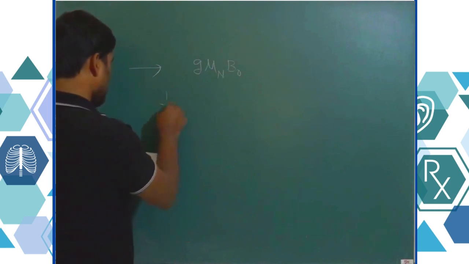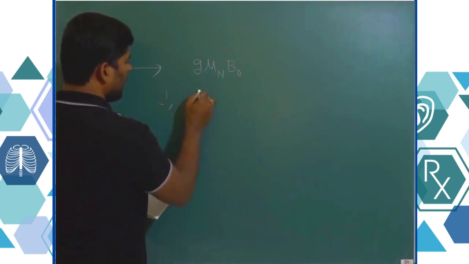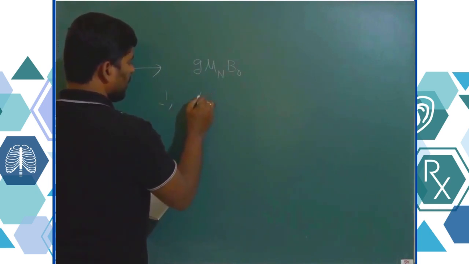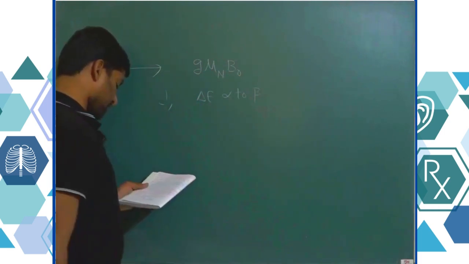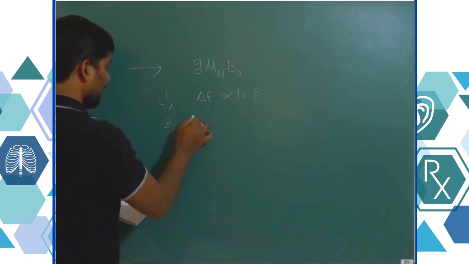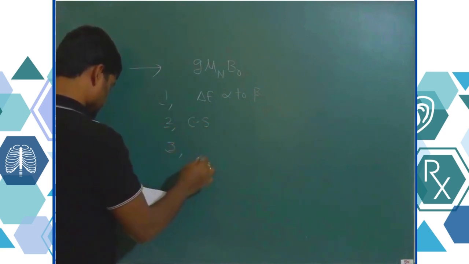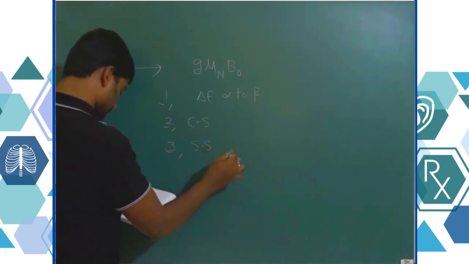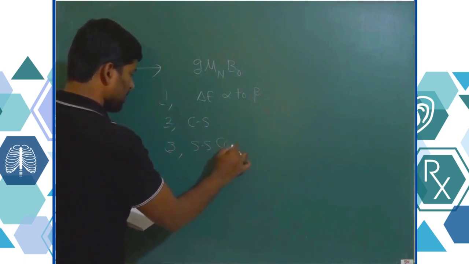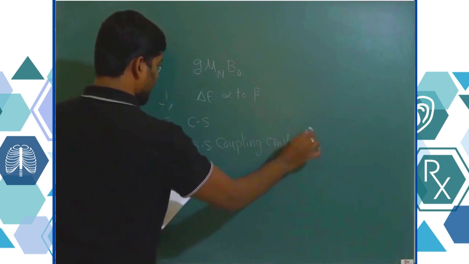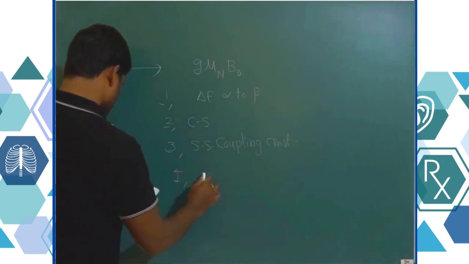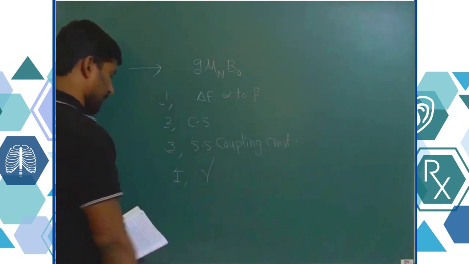Options given: energy of transition from alpha to beta state, chemical shift, spin coupling constant J, and fourth, gyromagnetic ratio gamma.